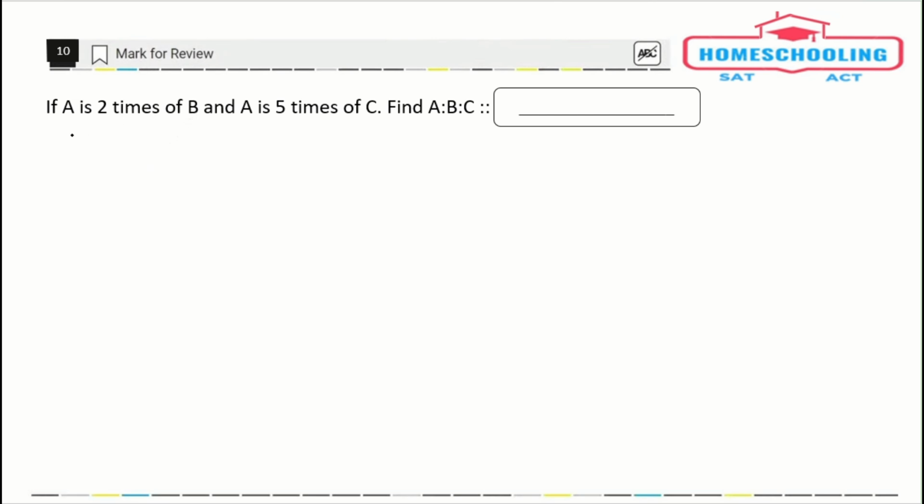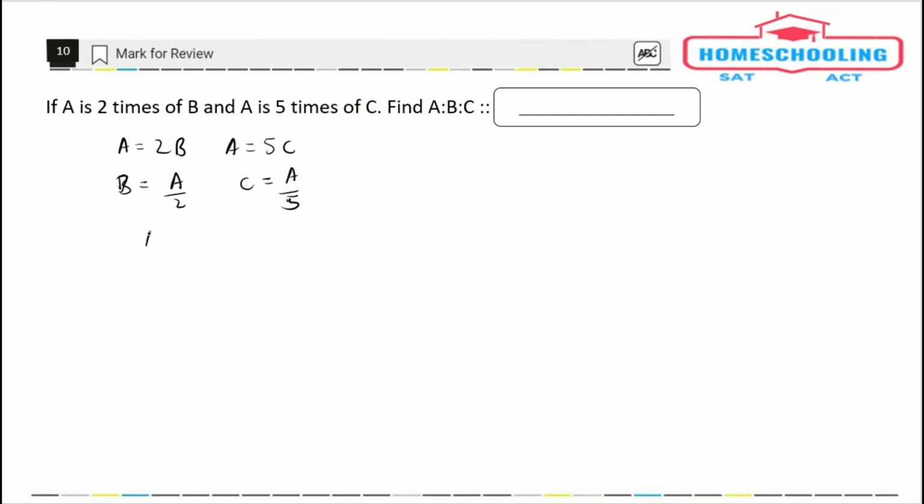So we can say that A is twice of B and A is 5 times of C. From this equation, we can write that B is A by 2 and C is A divided by 5.